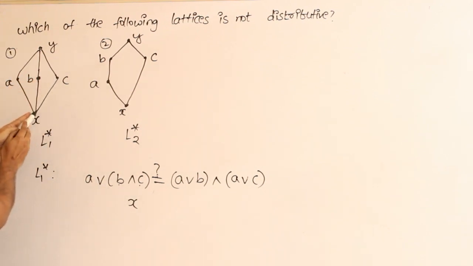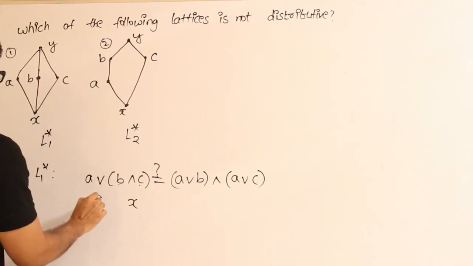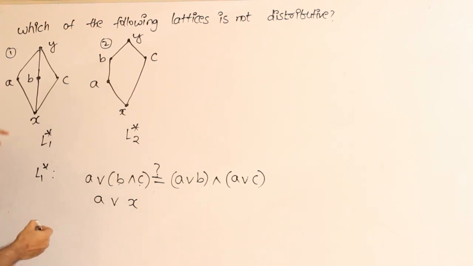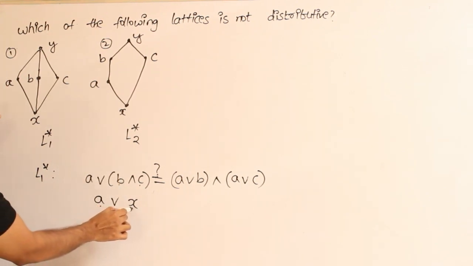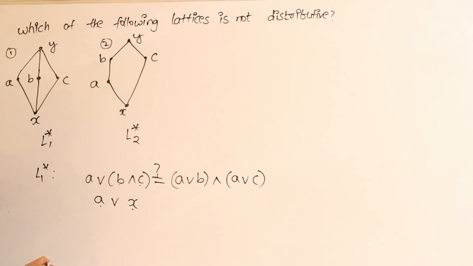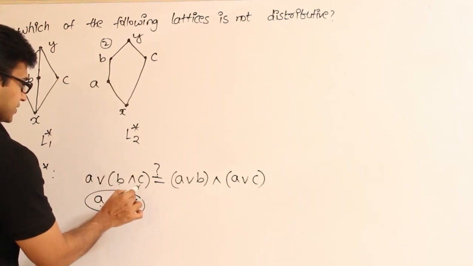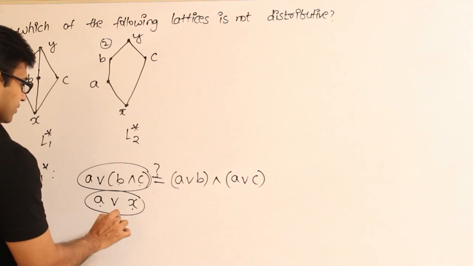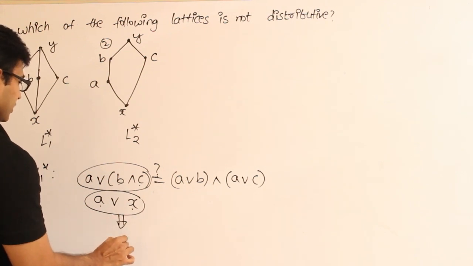Now A or X. Now what does it mean? For A and X, what is the least upper bound? For A and X, since they are related directly, the least upper bound is A. Therefore the LHS, this entire part, boils down to A.